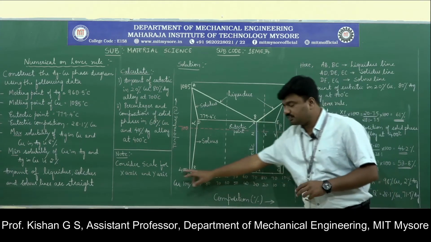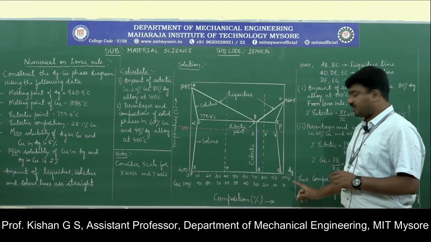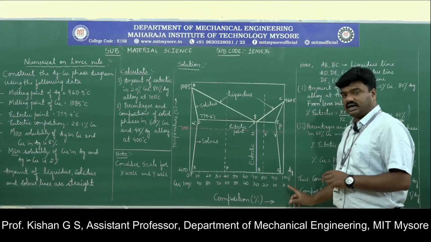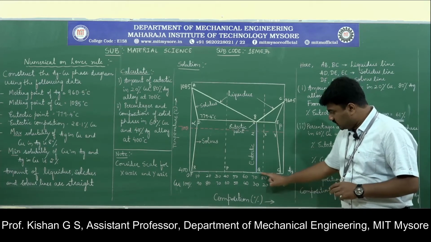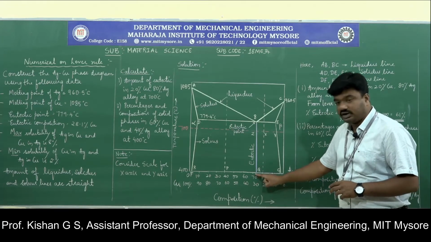Since I have the maximum percentage of copper along the left side, I have to start measuring the percentage of copper from the right side, that is from 0. So here the point Q represents the point where 28.1 percent copper is considered.